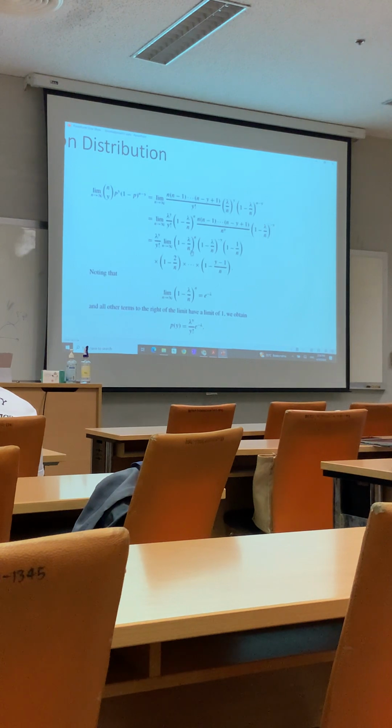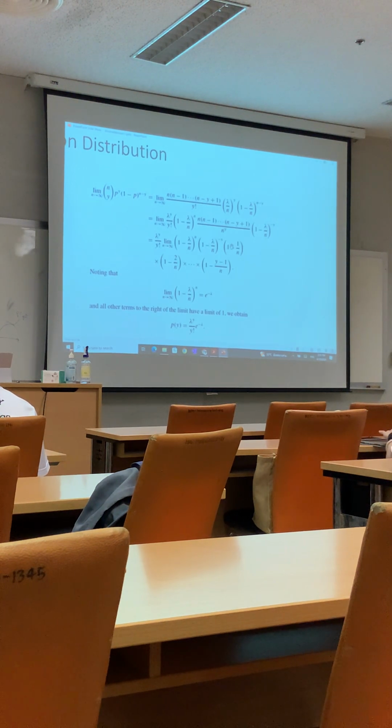But let's take this term here, 1 minus 1 over n. If n goes to infinity, if this becomes very big, then 1 divided by n is close to 0, okay? So this becomes 1 minus 0 or just 1.